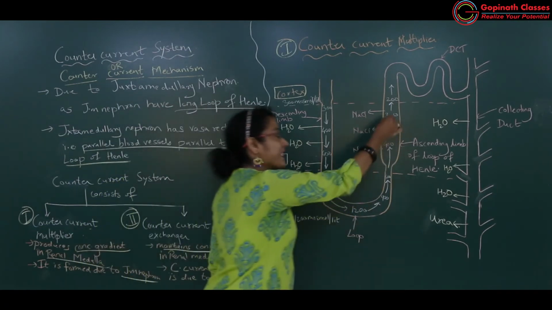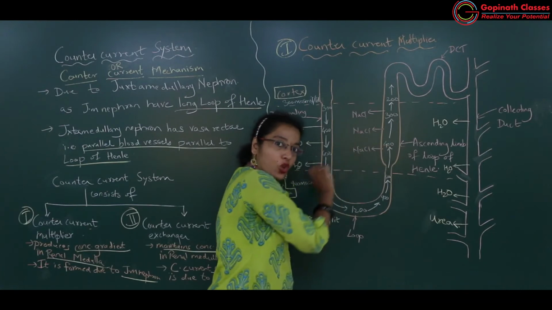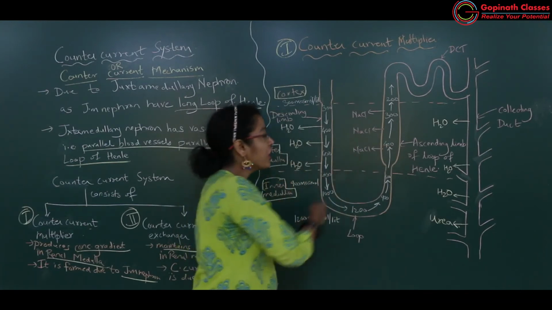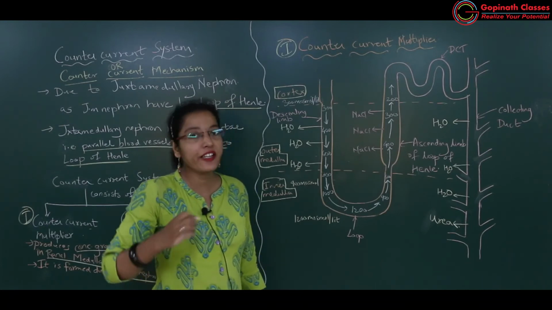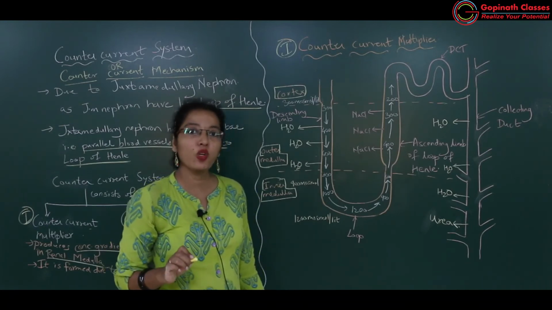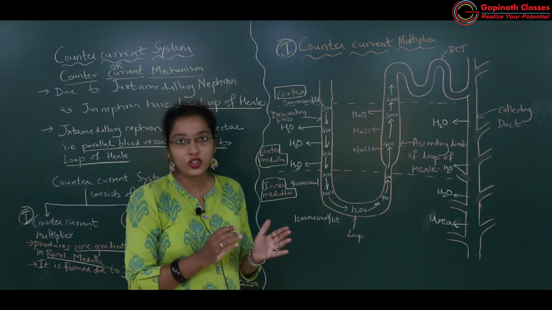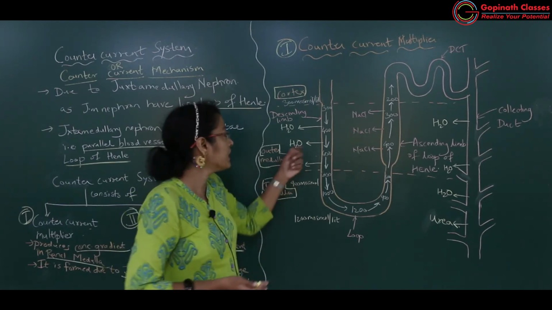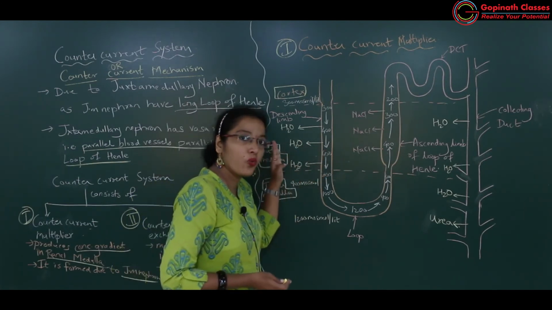Because ascending limb of loop of Henle is releasing salt. सॉल्ट रिलीज होने के कारण रीनल मेड्यूला कॉन्सेंट्रेटेड हो जाता है, उसका ऑस्मोलैरिटी बढ़ जाता है. And to regulate the salt and water balance, this descending limb of loop of Henle will release water.